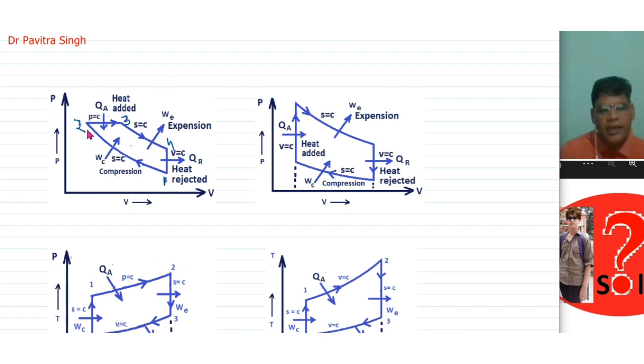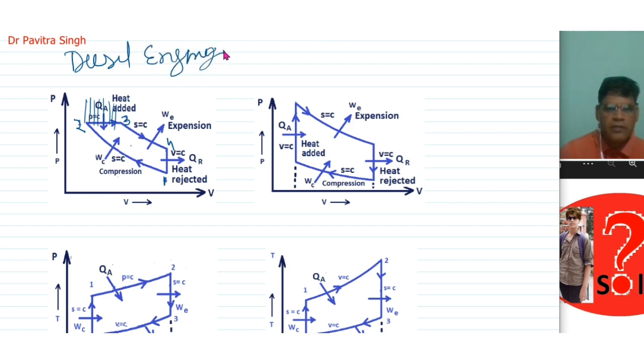So you can see in the case of the diesel engine, heat addition is taking place at constant pressure 2 to 3 because fuel was added during this process. Okay, so this is actually the diesel engine. Also it is called the CI, compression ignition engine, and this cycle was given by Rudolf Diesel.